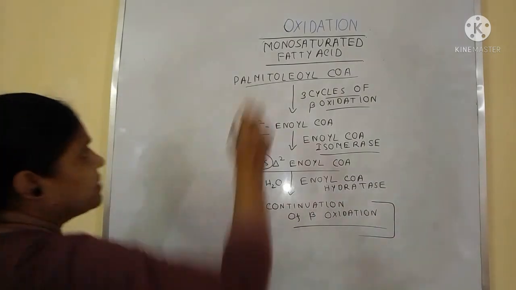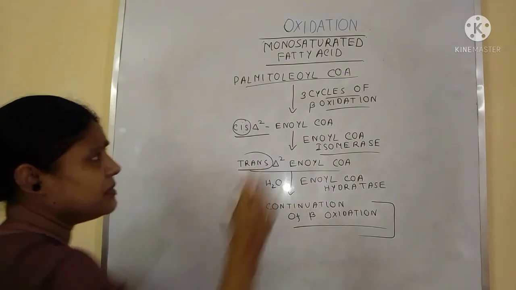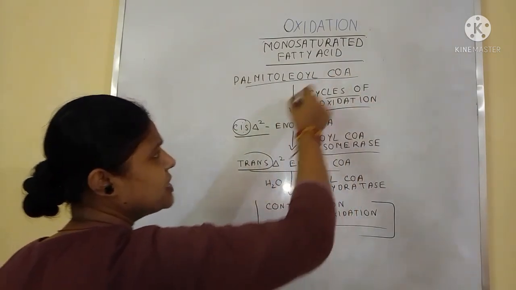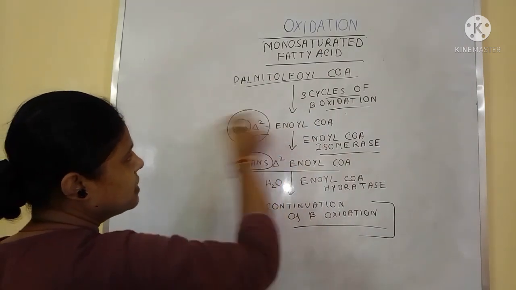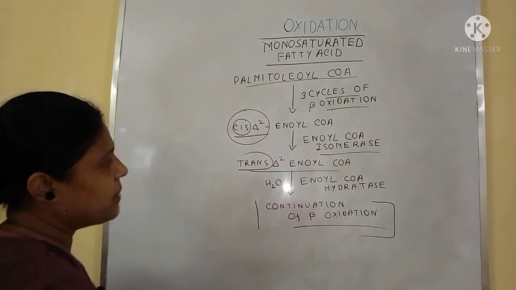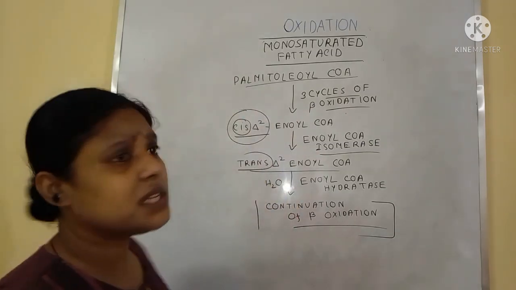That means the monounsaturated fatty acid, after completion of the 3 cycles of beta oxidation, changes to cis delta 3 enoyl CoA, and in this cis position the beta oxidation is not possible.